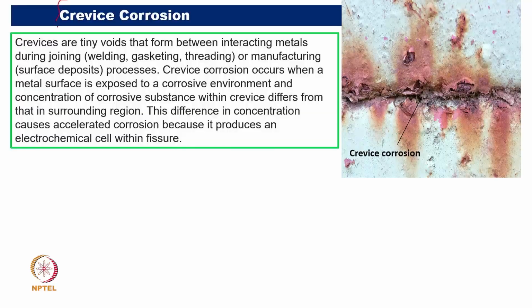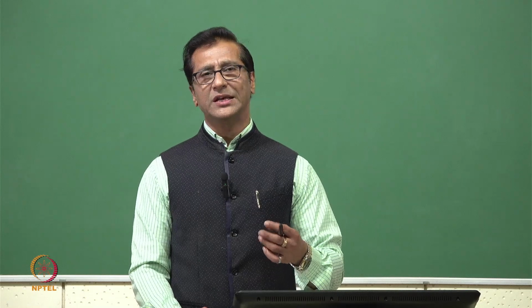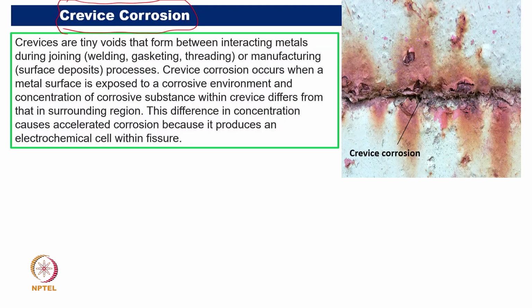And the second thing which I mentioned is crevice corrosion. Crevice corrosion is basically very tiny voids, even much smaller than the pits. I have observed it particularly wherever there is welding, and particularly when there is no appropriate welding.